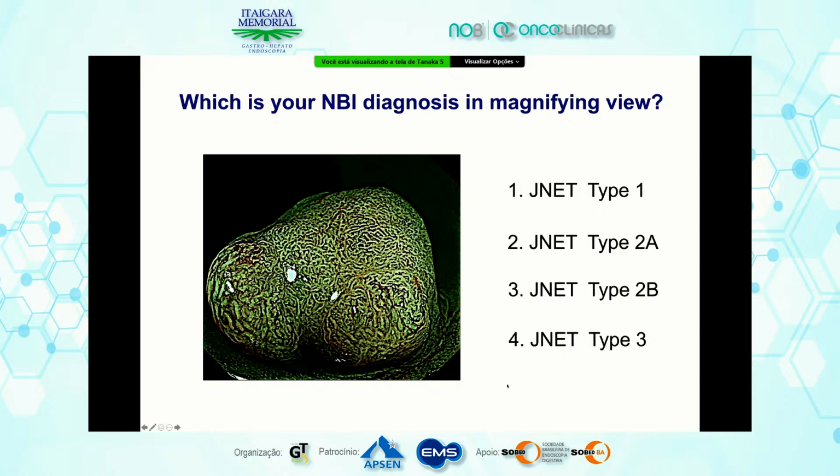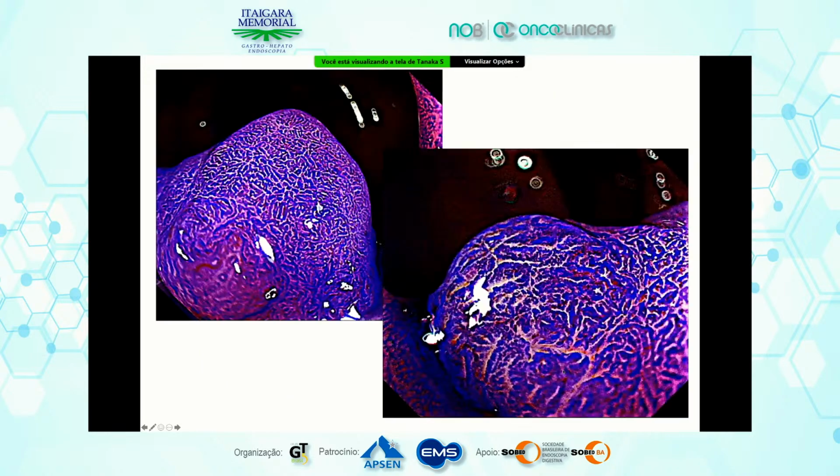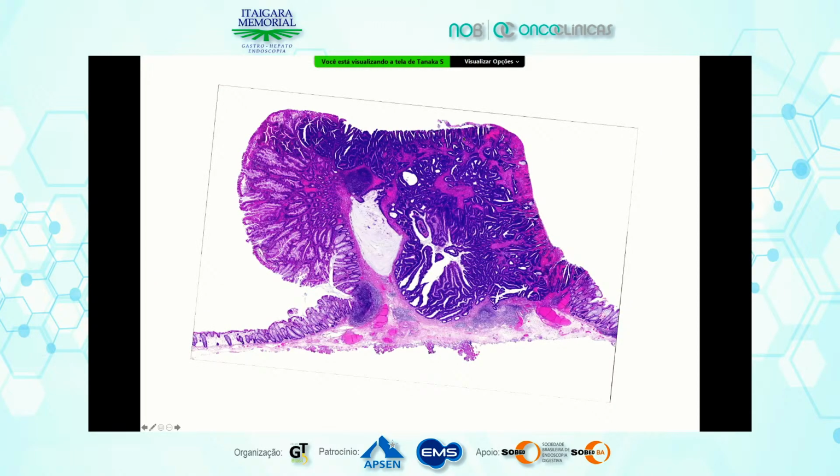Correct answer is JNET type 2B, because the margin of the pit is not smooth. This irregular pit pattern, and this region shows SM deep invasion.